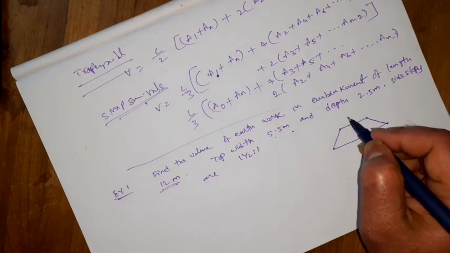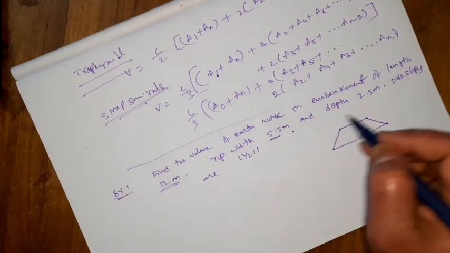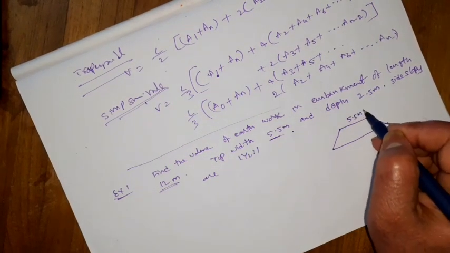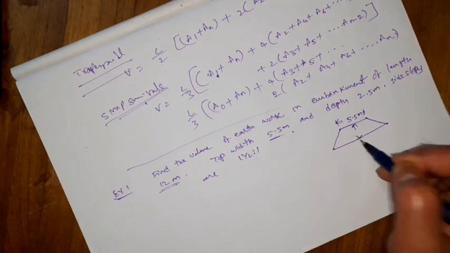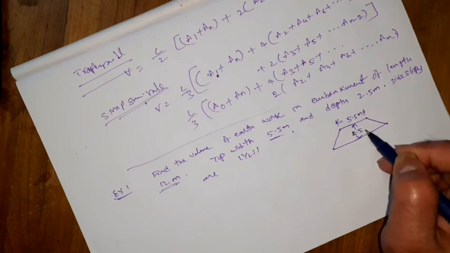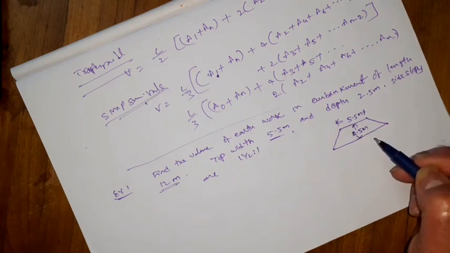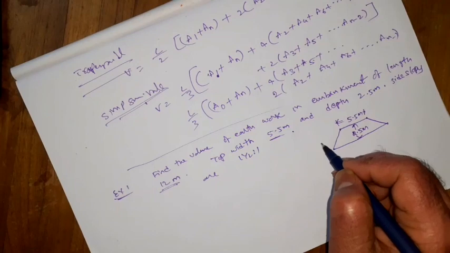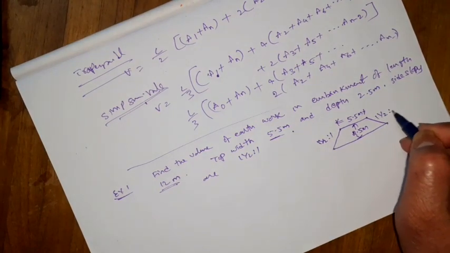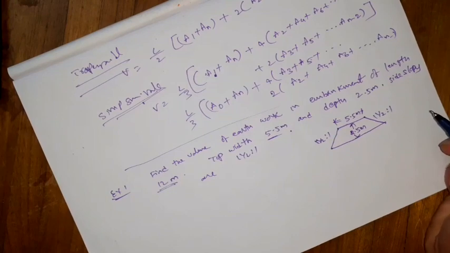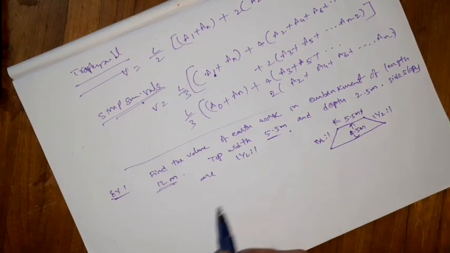So top width is 5.5 meters, that means B is 5.5 meters. Depth of embankment is 2.5 meters. Side slopes are 1.5:1.